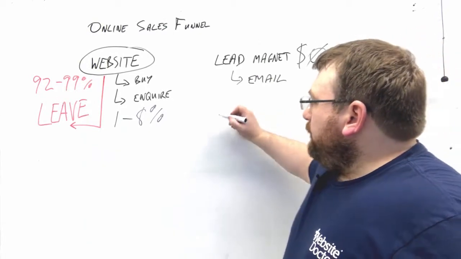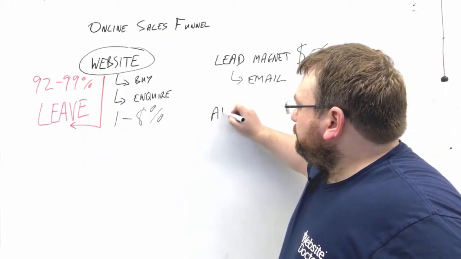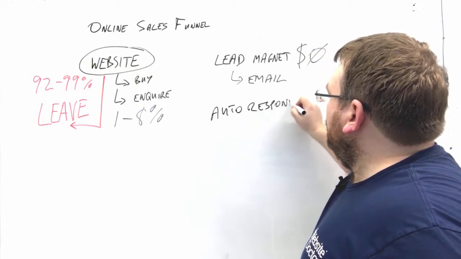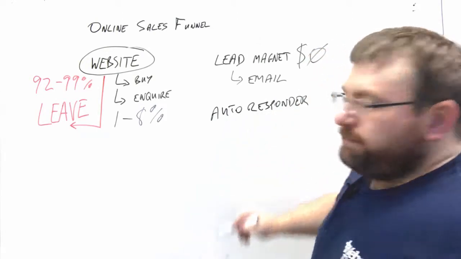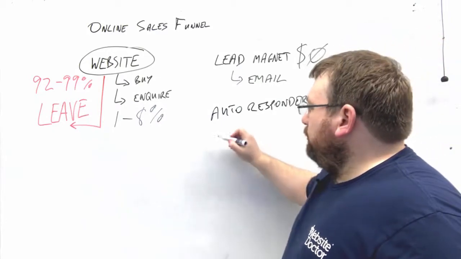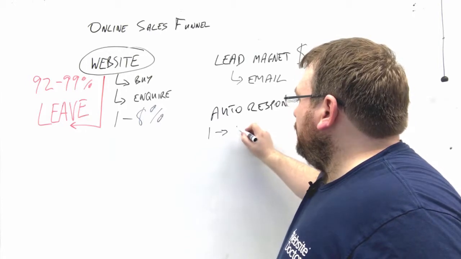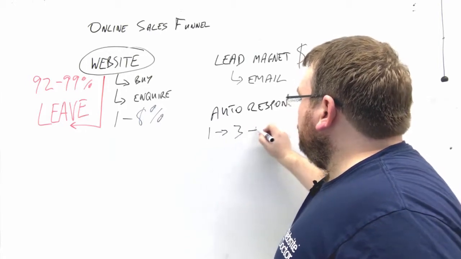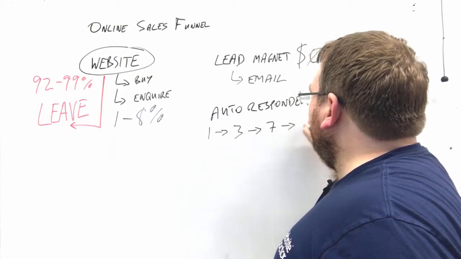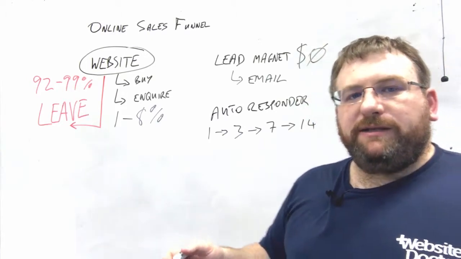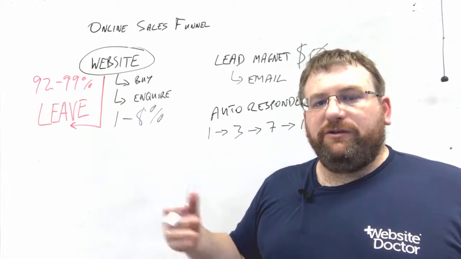And then you have an autoresponder. That's a sequence of emails. It could be a single email, but most people do a sequence of something like 7 or 14 emails, typically sent either every day or every 2 days.